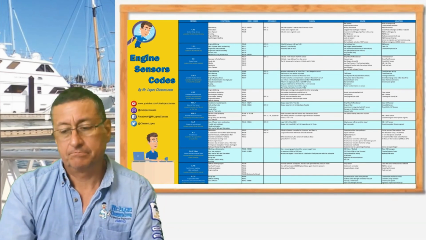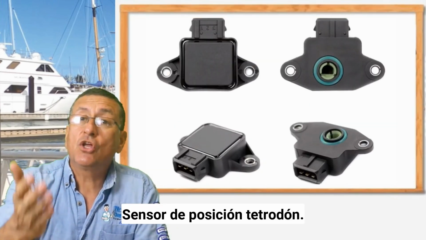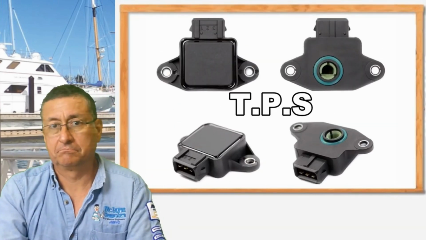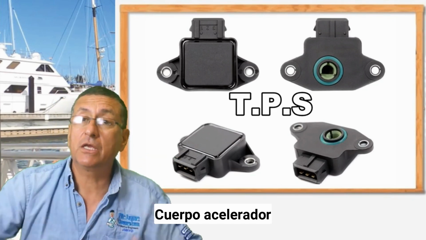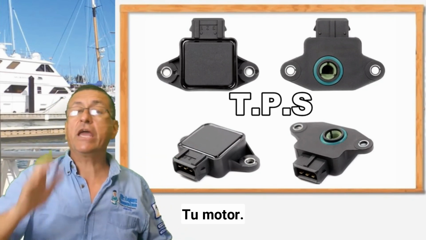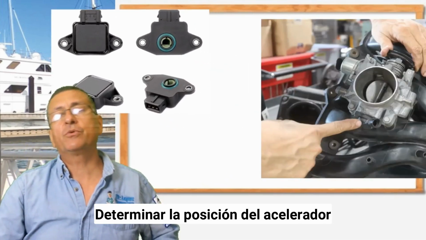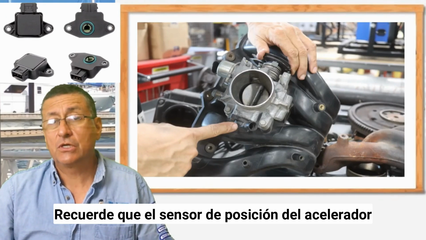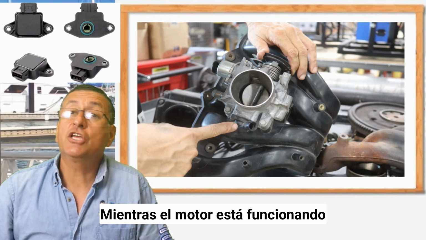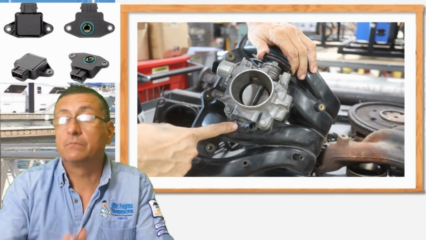For example, I want that you try to play with the throttle position sensor, located in the throttle body of your engine. Okay, identify where is located the throttle position sensor. Remember that the throttle position sensor can be checked with the engine running or with the engine stopped.